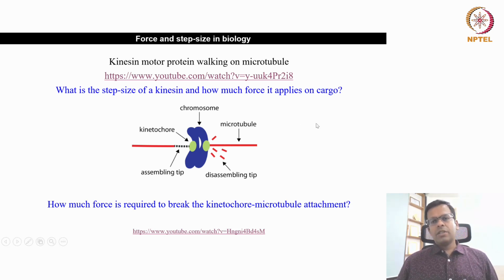So if you ask how much force is required to segregate these two chromosomes, you can measure such forces using this kind of technology, in which you attach these microtubules to one end of the glass slide. Then using the optical trap, you apply certain forces on these chromosomes or the kinetochores or the centromeres, and then you see how much force is required to rupture these kinetochore microtubule attachments. So we will see this in the next slide.